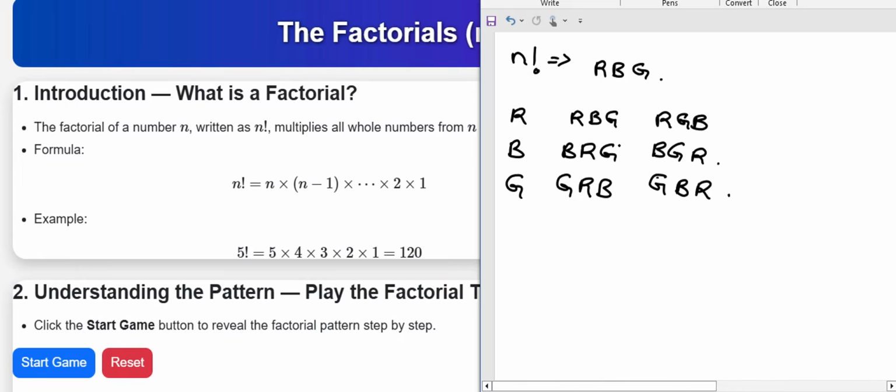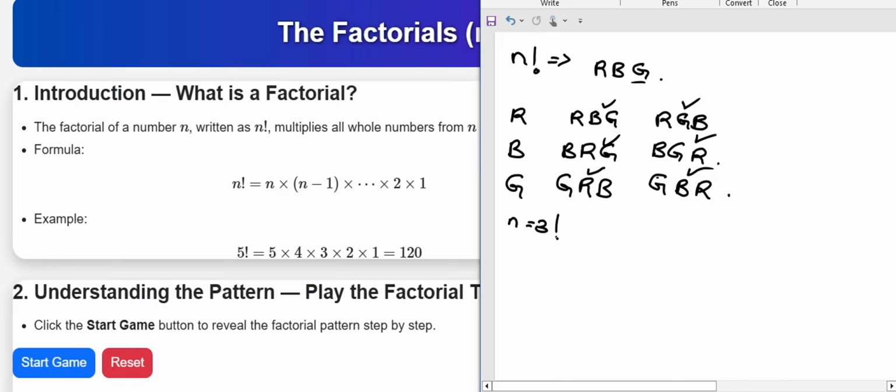So the number of arrangements here would be 1, 2, 3, 4, 5, 6. Instead of doing all this work, why not just take the number of shirts I have, which is 3, so n is equal to 3.